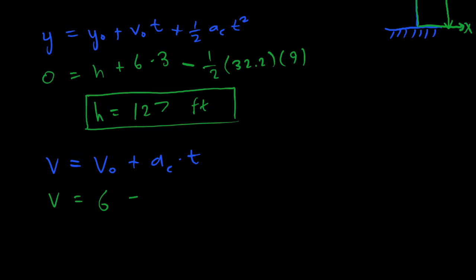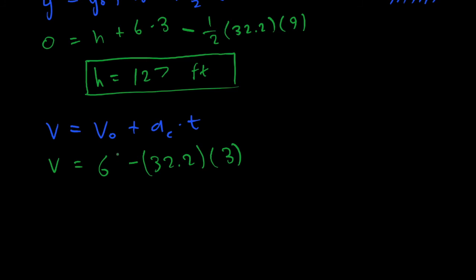But anyway, moving on, the sign of our g is negative because it's pointing downwards. So that's 32.2 times the value of t, which is simply 3. When we solve this expression, we get that velocity is equivalent to negative 90.6 feet per second.